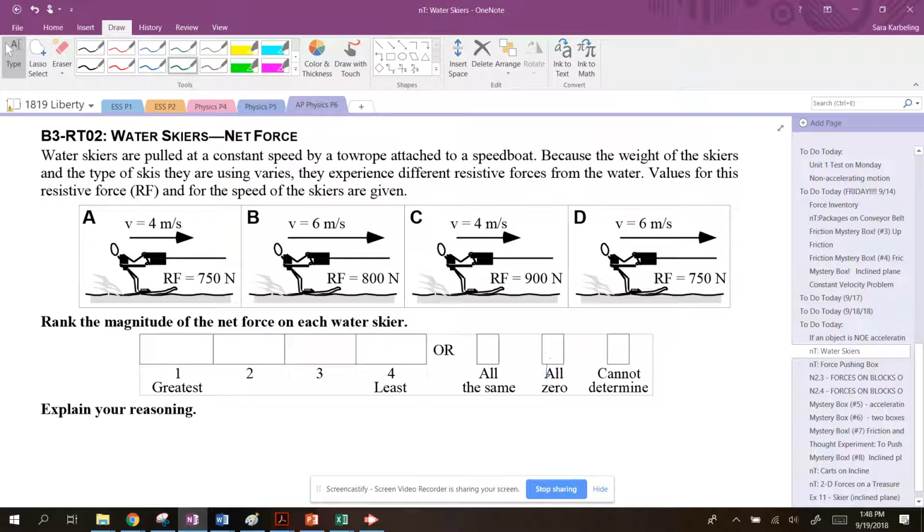The question says to rank the magnitude of the net force on each water skier. Okay? I'm going to let you think by yourself for a second, and then we'll put it together. This is you and your brain, not your mouth, not your vocal cords. Think about it.